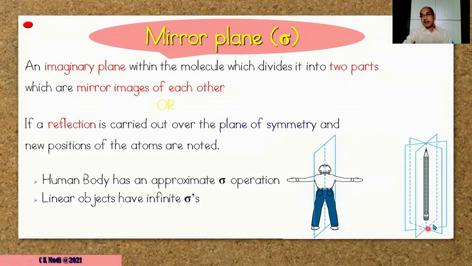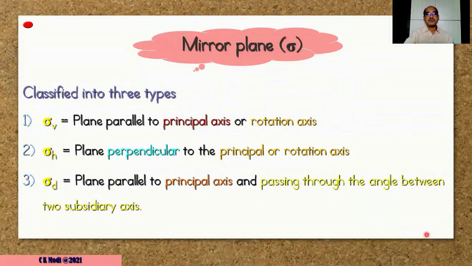We can pass a plane from here, from here, from here, and we get the mirror image through each mirror plane. Therefore, symmetric linear molecules have an infinite number of planes. So all of you just keep in mind that while we are talking about any particular linear molecule, it has an infinite number of mirror planes.